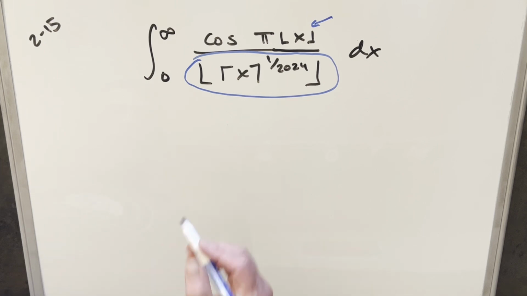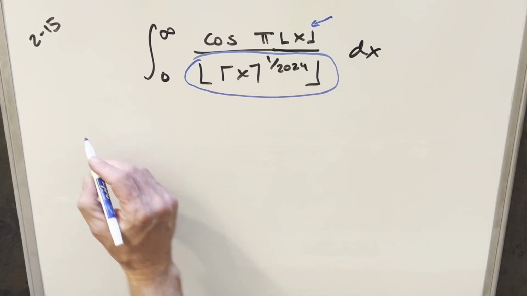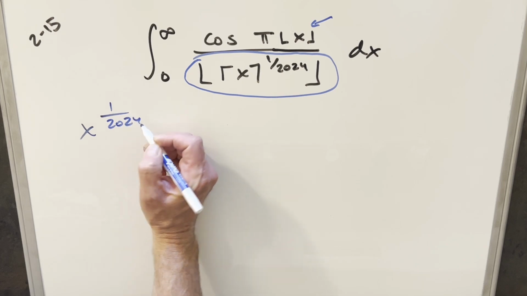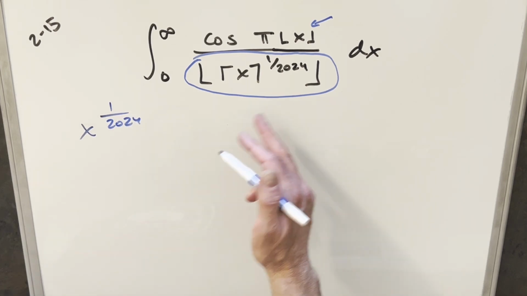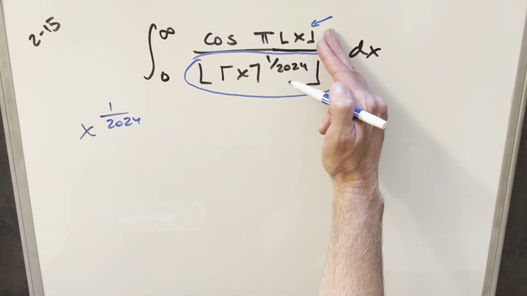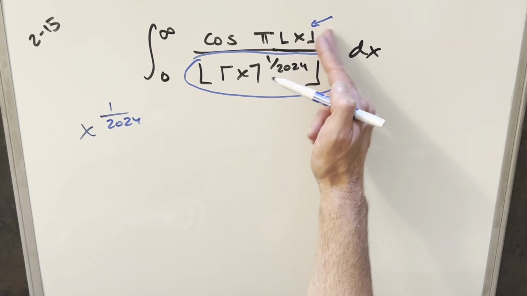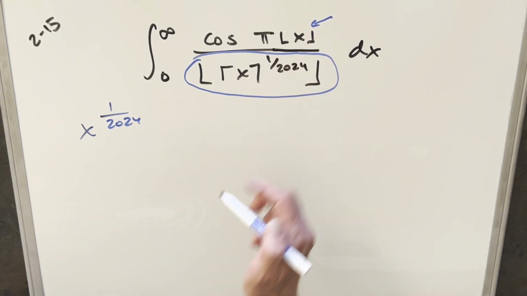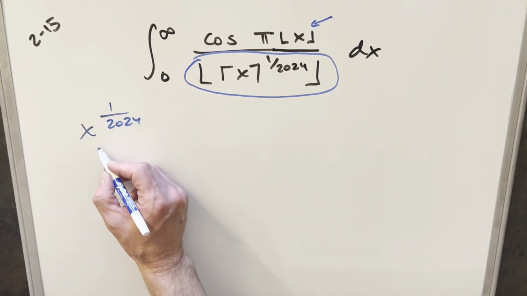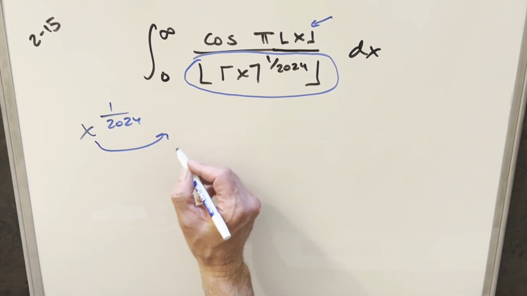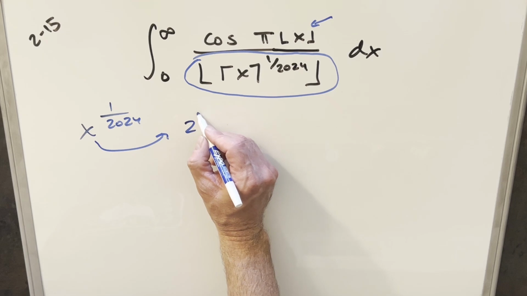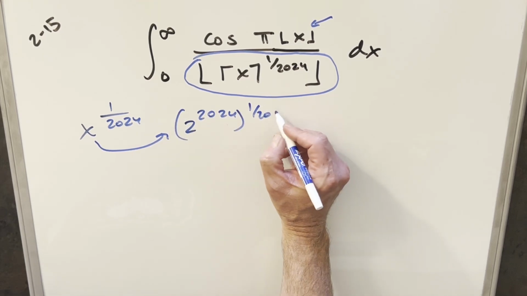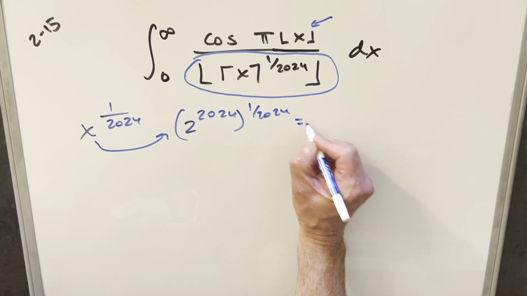So to simplify this a little bit, instead of looking at everything we have going on here, let's just look at x to the 1 over 2024. We're looking for points where we get integers, where we can get simplification. I want to break up our bounds to simplify this, and we notice that we get nice values if I have 2 to the 2024, to the 1 over 2024, then this is just 2.